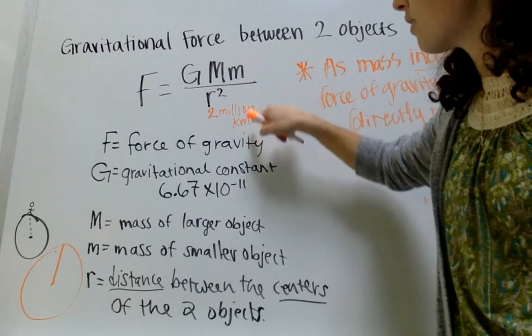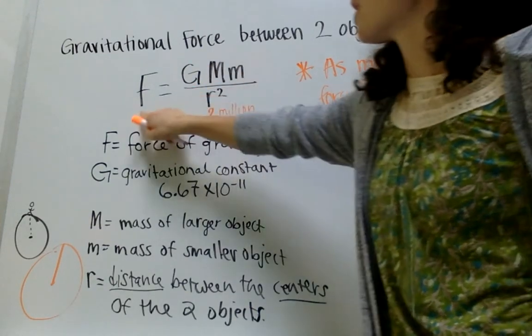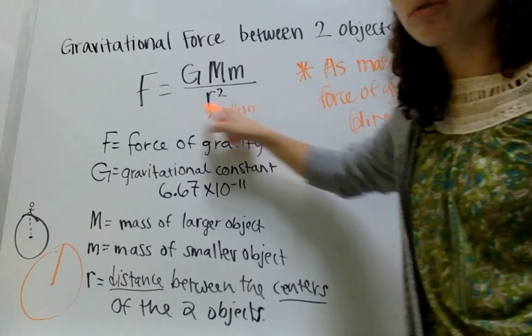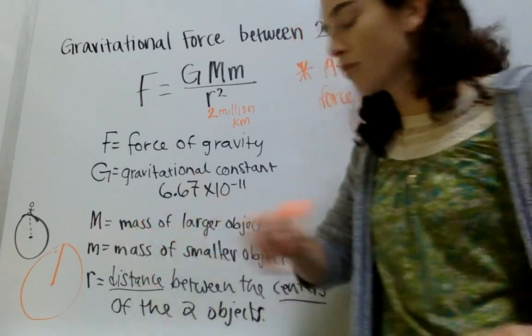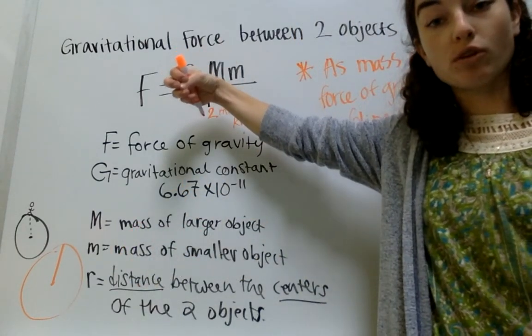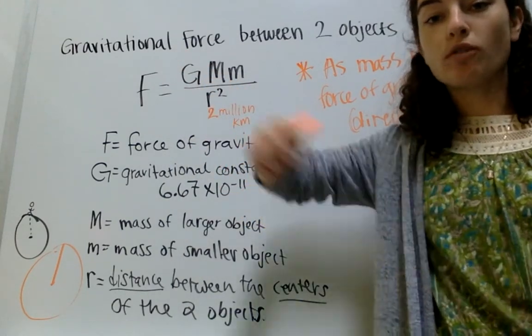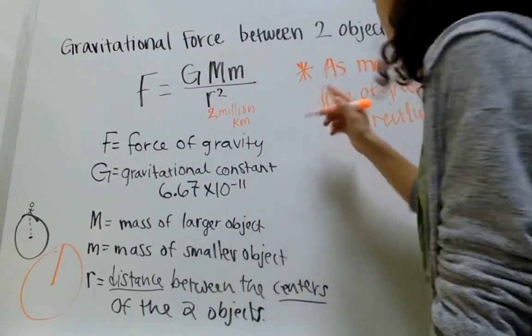Okay, anything divided by it, if the number gets bigger in the bottom, your overall answer gets smaller. That makes sense because think about if you are farther from a planet, if you're farther from an object, it's not going to be able to pull on you as much. Okay, so if you are farther away, the force decreases. Okay, we're going to write that out.